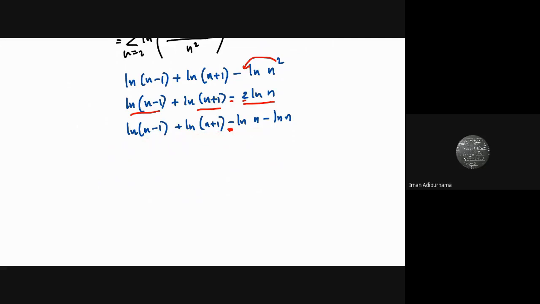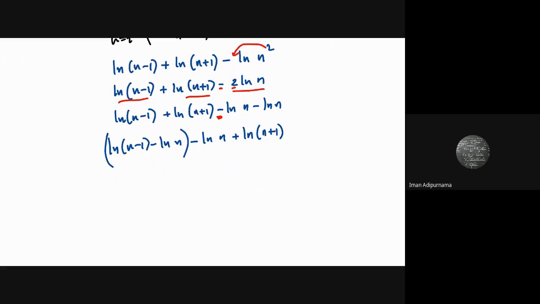So I will combine this part with this and this with this. Okay, so let me just write the order first. So first is this, okay, and second is this. Or if you want, we make it in the bracket, and this becomes minus, and this becomes like that.